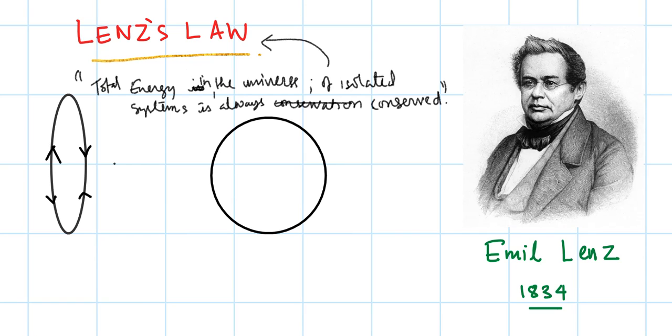You know that the total energy of the universe should always be conserved. There are other statements for the same law also, like energy can neither be created nor be destroyed.